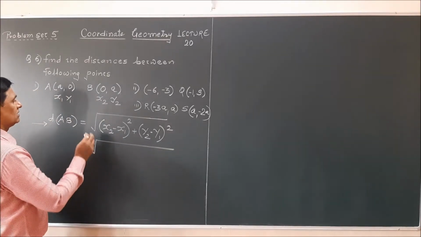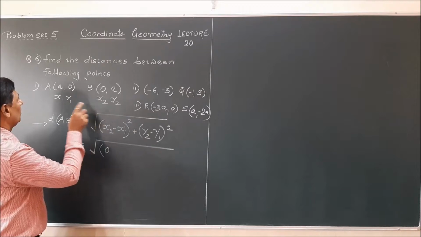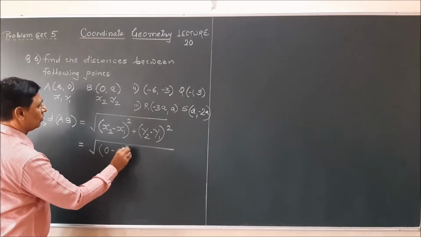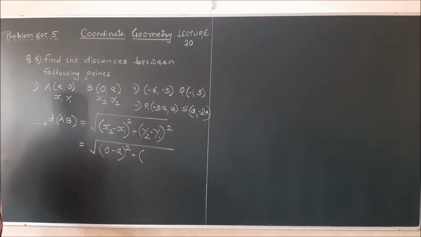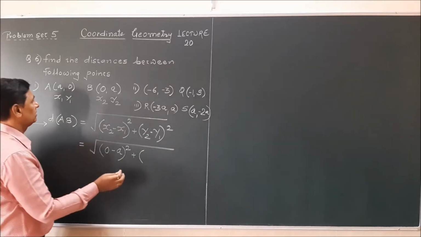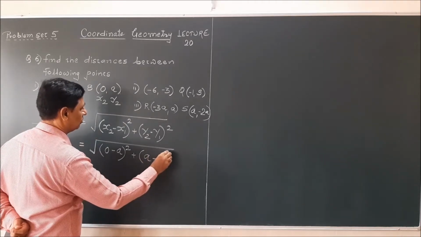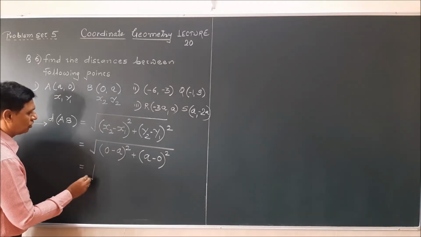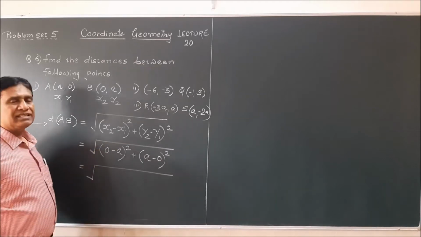Now you will get x2 as 0 minus x1 as minus a, the whole square, plus y2 minus y1. y2 is a minus 0, the whole square. That is equal to root of minus a square.